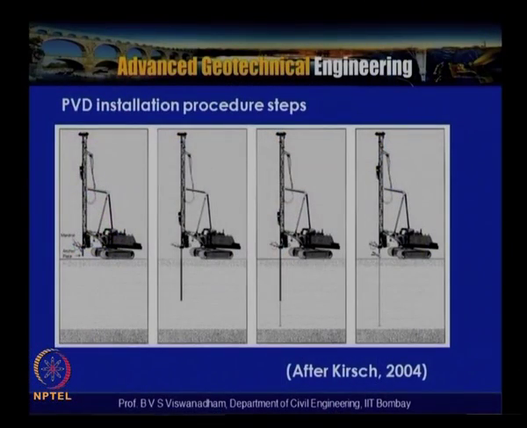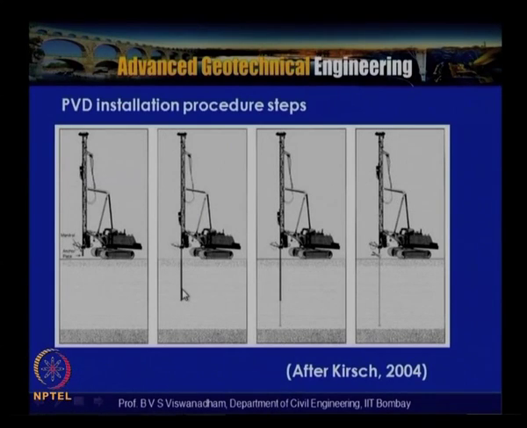Now this is the typical scheme of PVD installation. We have seen the installation at the site, in one of the sites in Navi Mumbai, wherein a schematic sketch is being shown here. So the roll is loaded and it is being driven with an anchor, and you can see that once it is in place here, the mandrel is withdrawn.